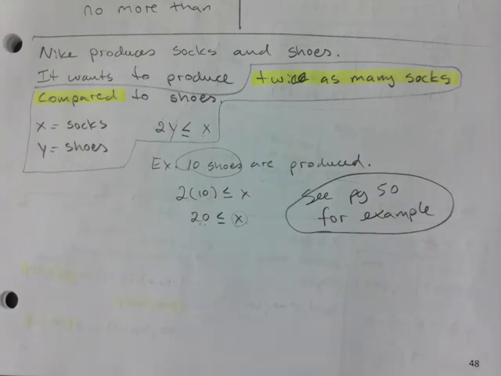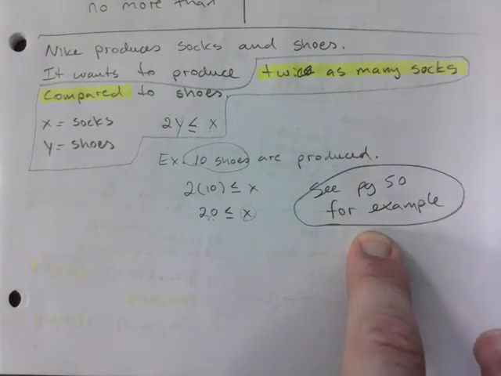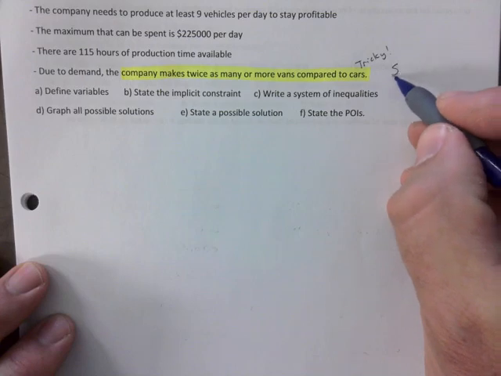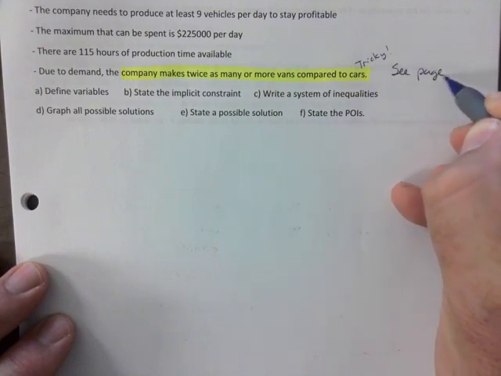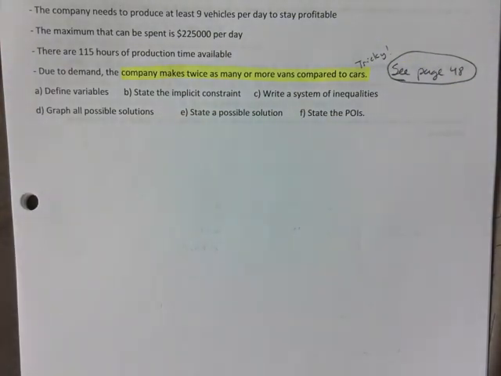Let's cross-reference. We're going to say see page 50 here. Then we're going to go to page 50 and say see page 48. 50, 48, 50, 48. An infinite loop. Never ends.